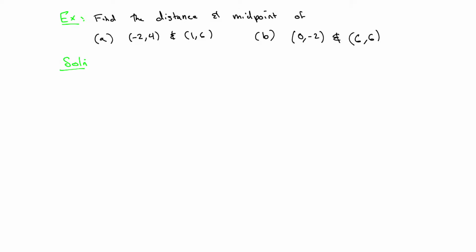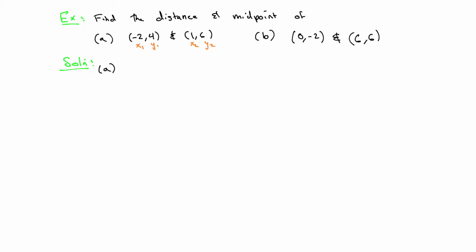Solution. So for part A, I'm going to draw this for right now, but you don't have to if you don't want to. So right here, this is my x sub 1, and this is my y sub 1, and this is my x sub 2, and this is my y sub 2. That's my first point, and this is my second point. Now, I want you to think about this for a second. Does the order matter?